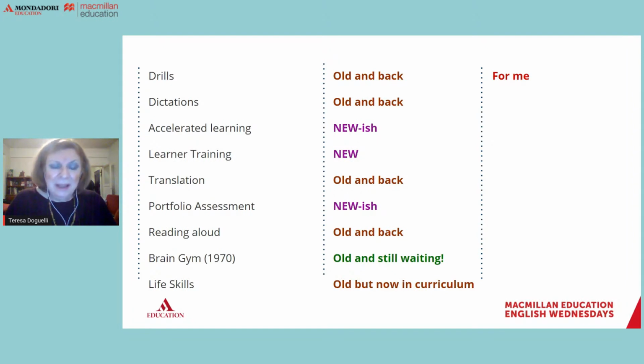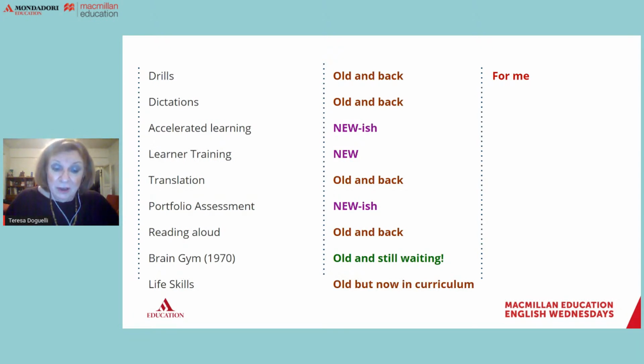Brain Gym, if you look up Brain Gym 1970, if you Google that after the session today, you'll see there's 26 specific physical exercises, which you can get your students to do one or two of, and each physical exercise actually develops a specific skill or part of the brain.